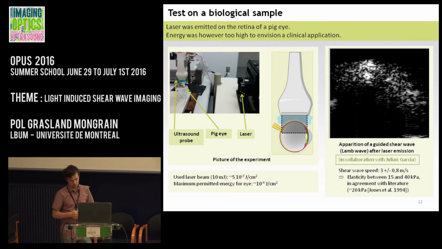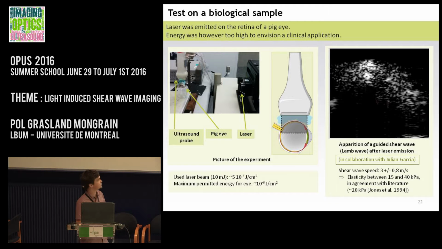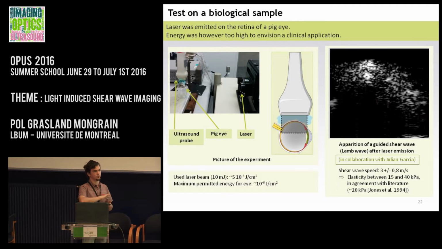And on the right you can see the ultrasound image of the eye. At the beginning there is nothing. And when the laser beam is emitted, the whole image is blind. We are blind because of the compression waves which are emitted by the phenomenon.